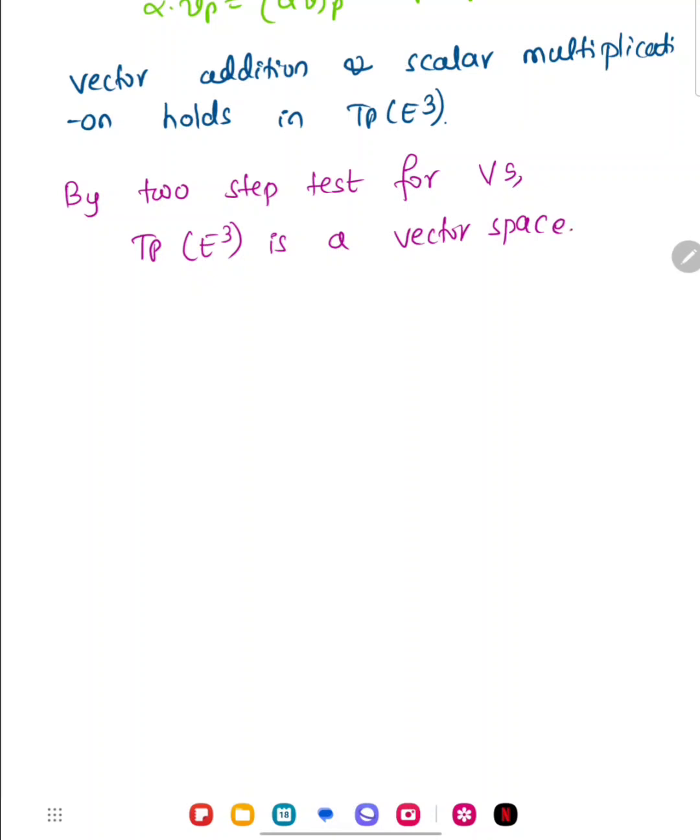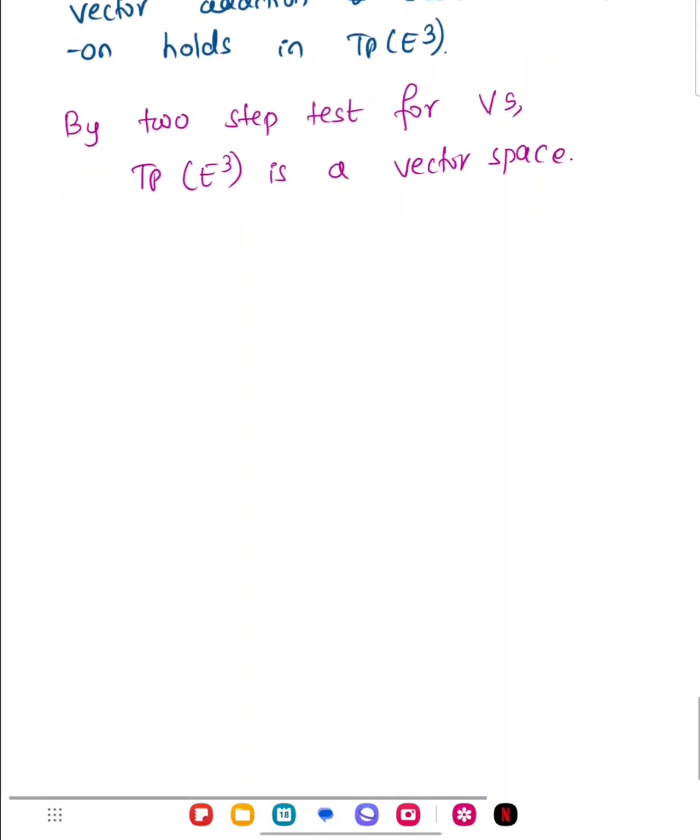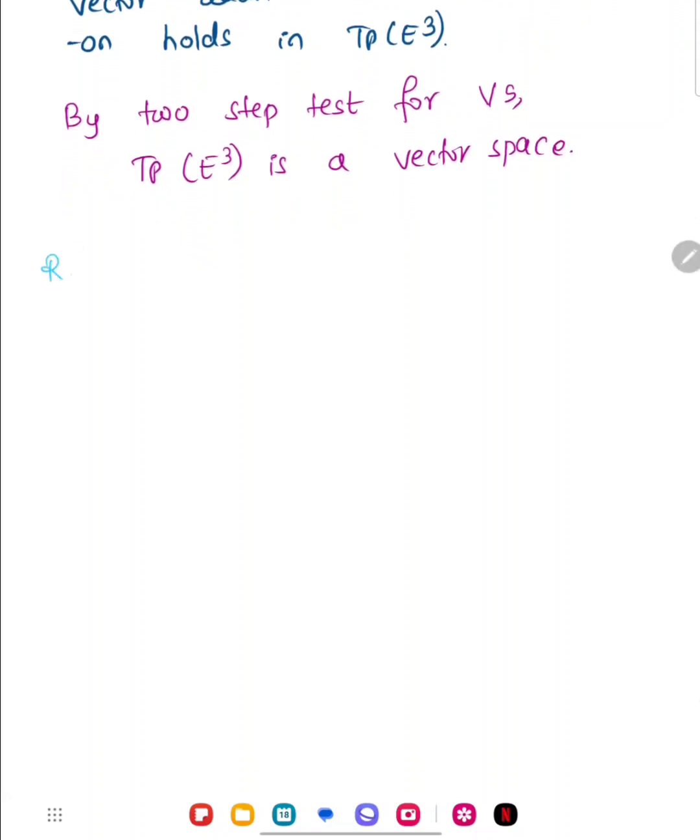So here we have a remark about the operations of vector addition and scalar multiplication. What it says is that the vector addition in Tp of E3 is nothing but the usual parallelogram law of addition.